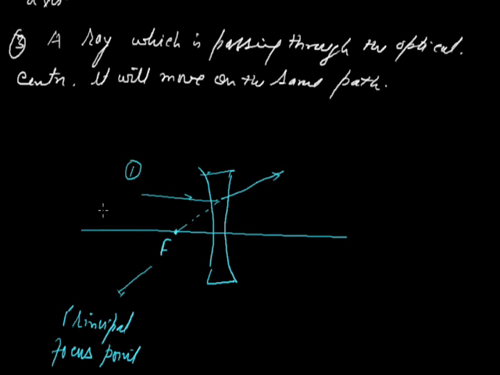Now the second ray is a ray moving towards the first focus point, that's F1. After refraction, it becomes parallel to the principal axis. And the third one is a ray passing through the optical center, which moves on the same path.